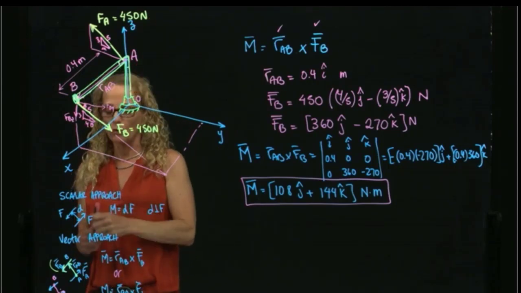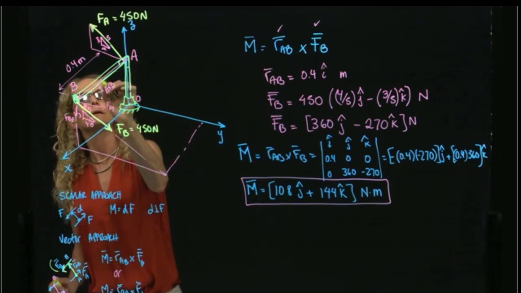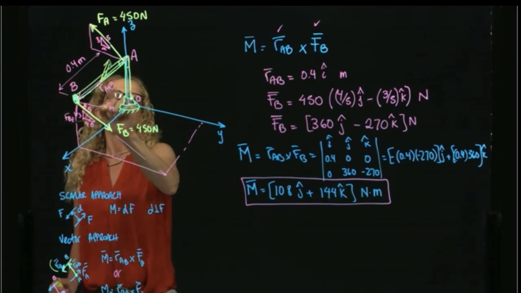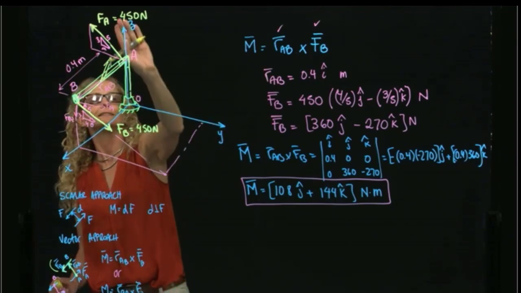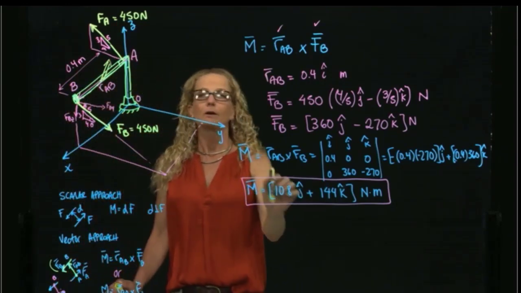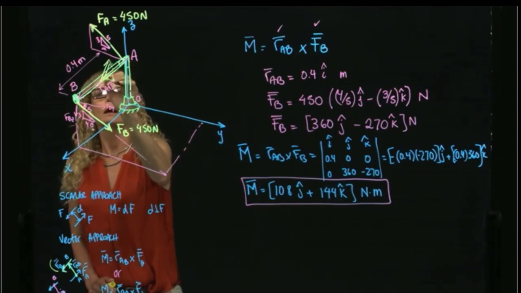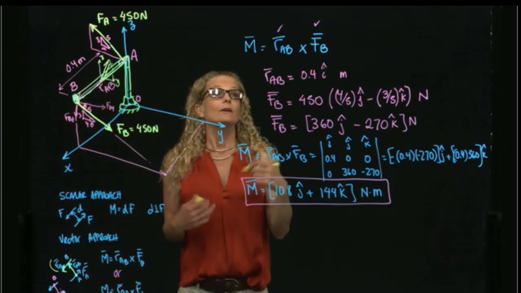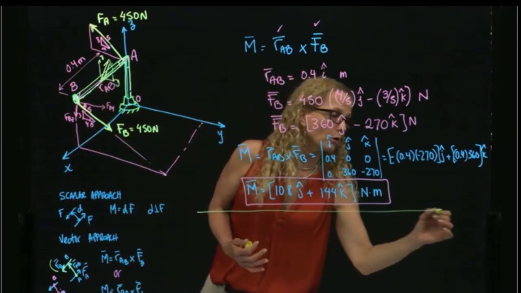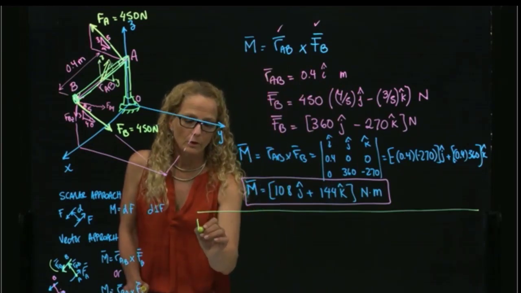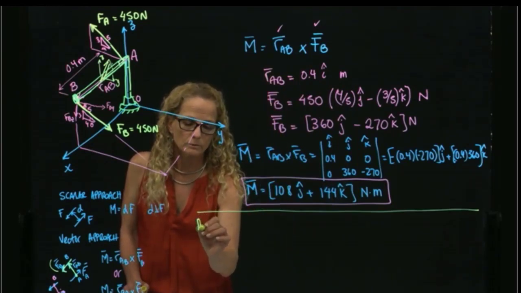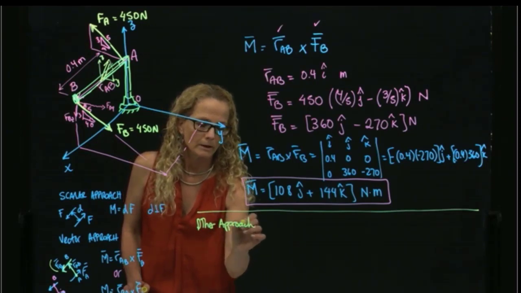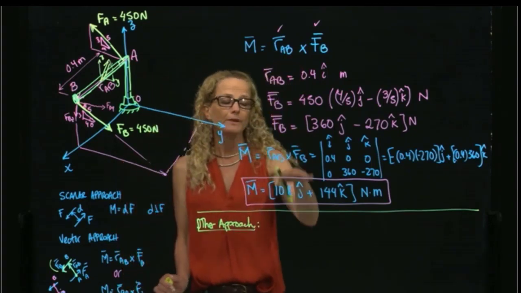If we would like to draw that moment, it's difficult to draw it right here, but it will be in the direction of the plane JK, with a positive component in J and a positive component in K. And you only have to choose one approach, so that will be the solution of this problem.